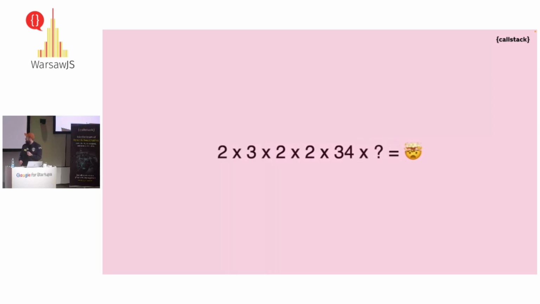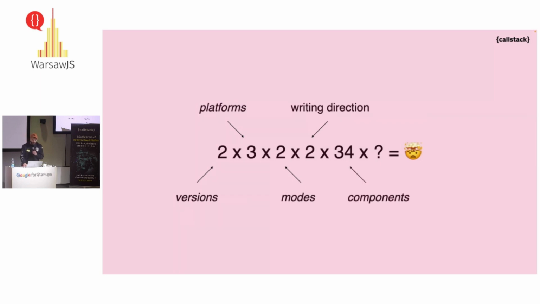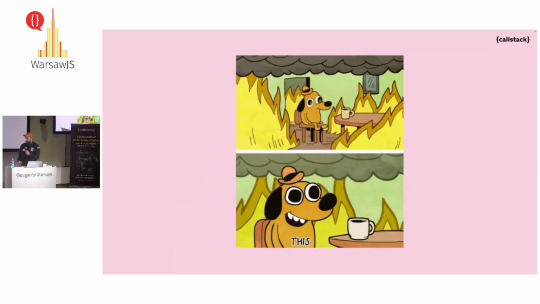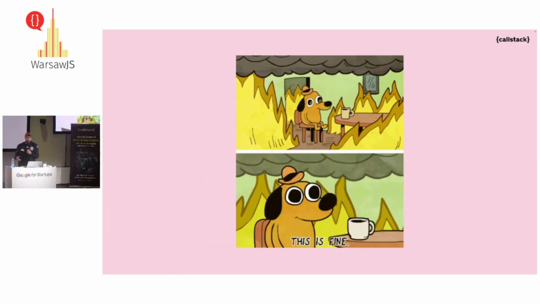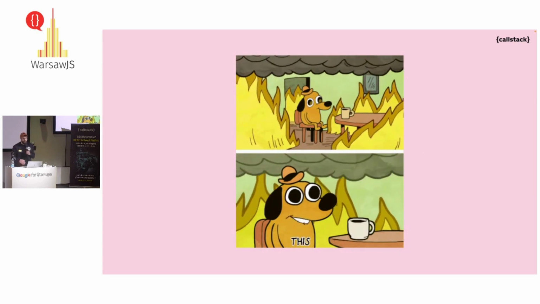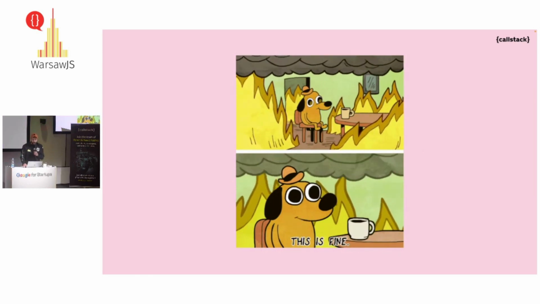But yeah, 2 versions multiplied by 3 platforms, multiplied by 2 modes, light and dark, multiplied by 2 writing directions, left to right and right to left, multiplied by the number of components and their variations cannot be easy, especially when it comes to testing all possible scenarios with different props.